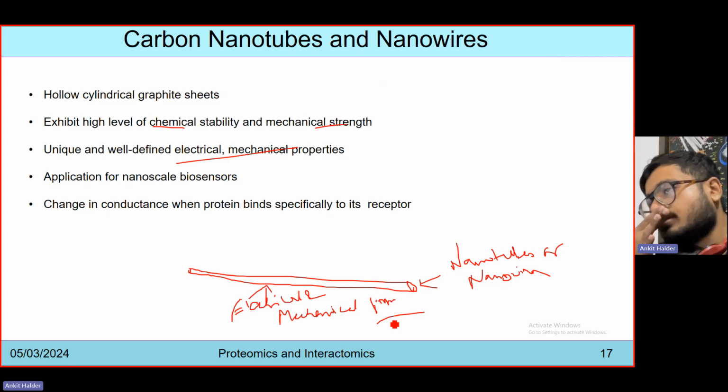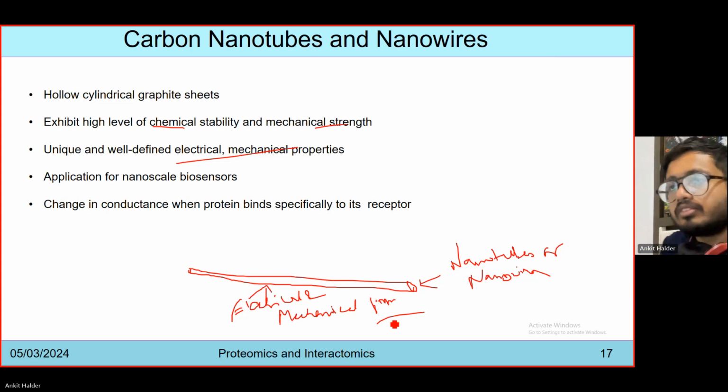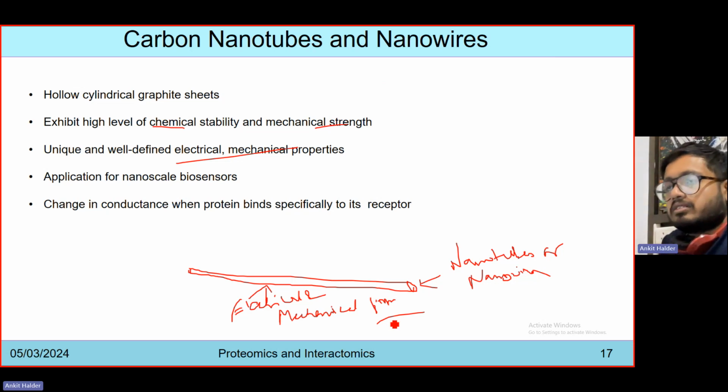Now this is the application for nanoscale biosensors.